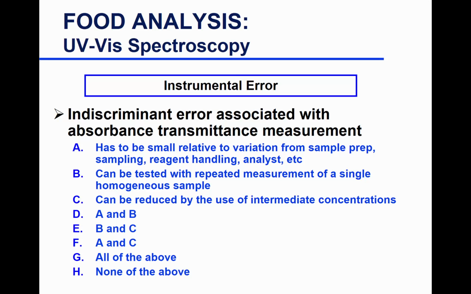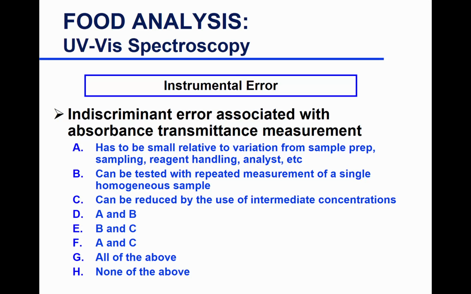Anywhere between 1 and 5% would be great, so that you can differentiate between the noise and the actual absorption of your sample. So this error has to be small relative to the variation from sample prep, sampling, reagents, handling, analyst, etc. So this error should be smaller so that you can detect variation.